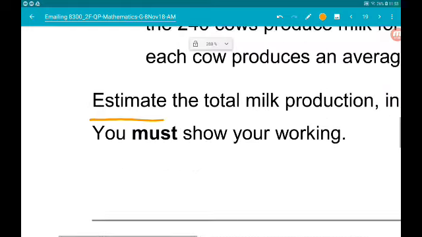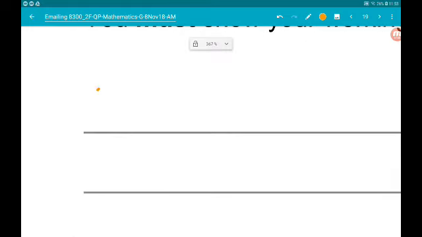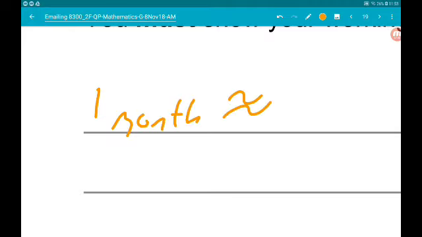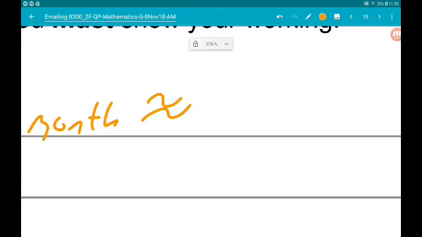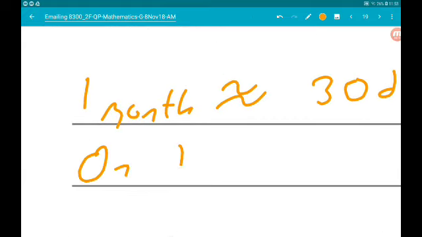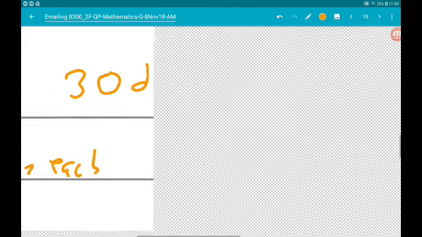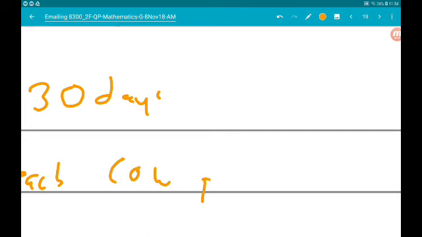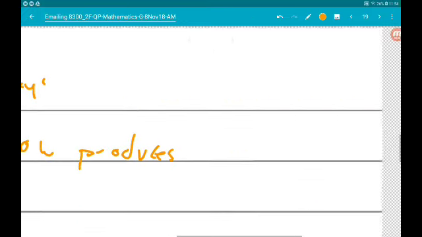So let's say 1 month is roughly, squiggly equals means approximately or roughly, 30 days. Now on 1 day, each cow produces 25 litres.